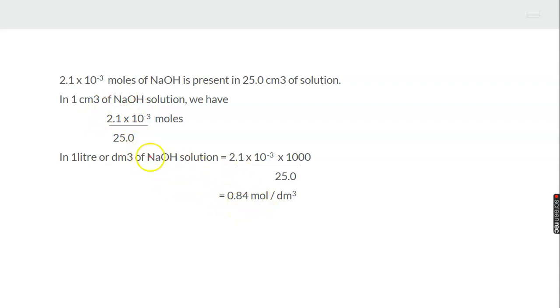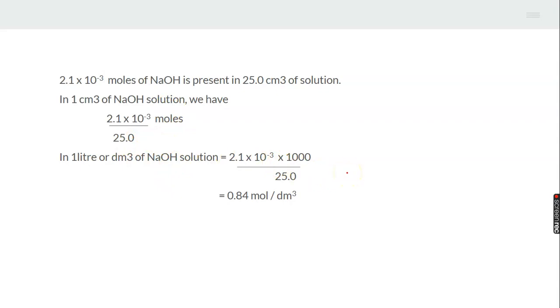Since I know the moles, don't forget our equation that says concentration in mole per dm cube equals the number of moles divided by the volume of that solution. So you can always get it out. In this situation where we have it in cm cube, you change it to dm cube by dividing by 1000.